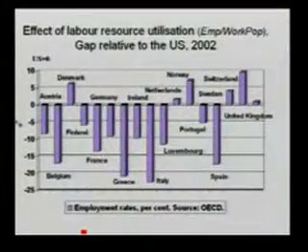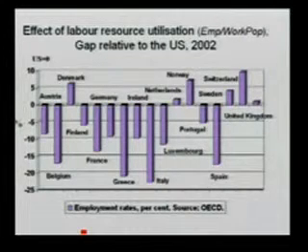Then there is the other part, the number of people who are employed over the working age population, because the working age includes unemployed people, inactive people, and employed people. And here we see a difference between countries of continental Europe, like France, Germany, Italy, Spain. They have a negative gap relative to the United States.